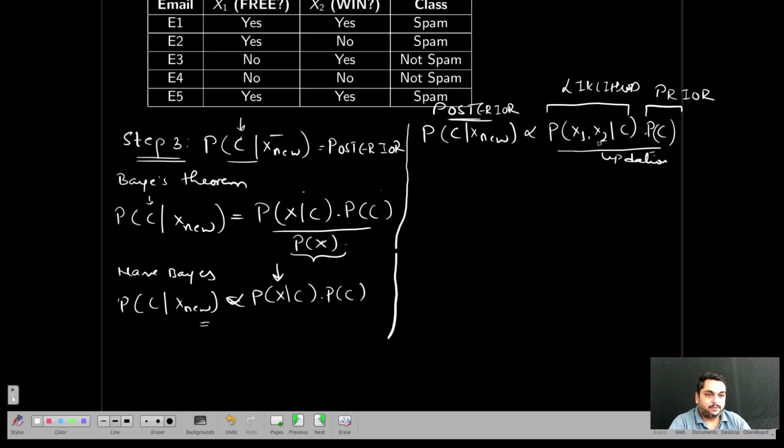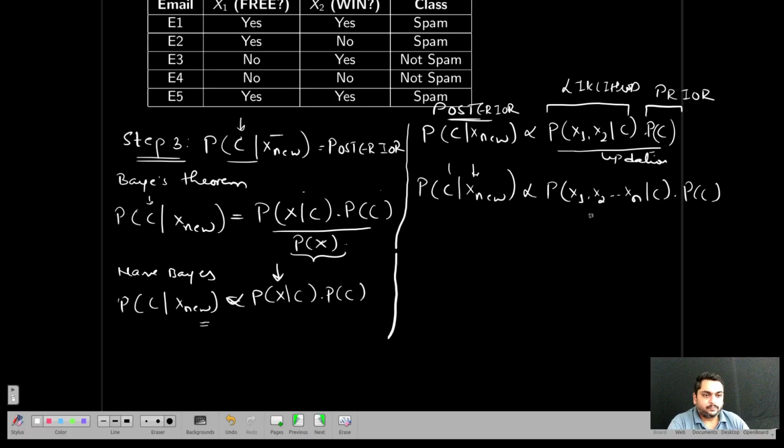For multiple variables, how will you write it? So probability of c given x, given this value, what is the class? Let us say there are n variables. If there are n features or n variables, we'll write it like this, given c into probability of each class.